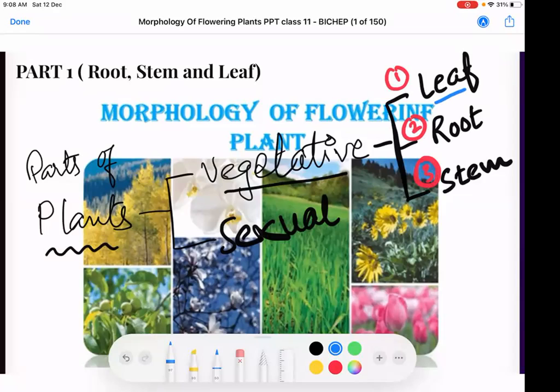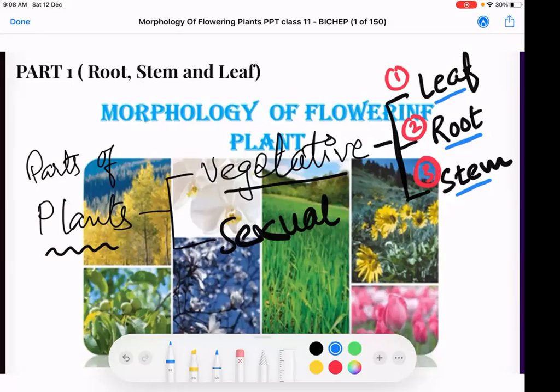The second part which evolved is the absorptive part, that is root. And the third part which evolved is the transporting system, that is stem. So these are three vegetative components or parts of the plants which we are going to study in this chapter, that is part 1.